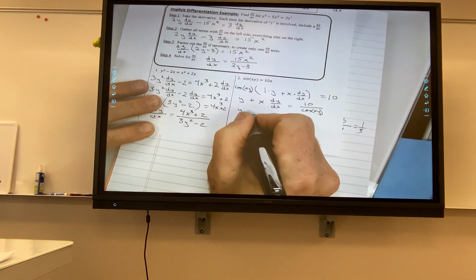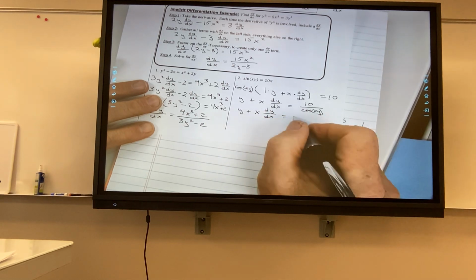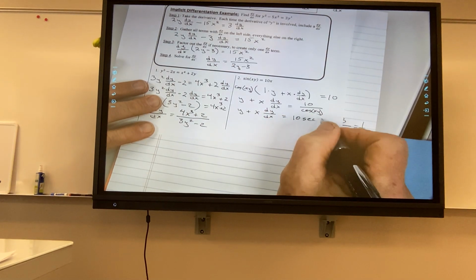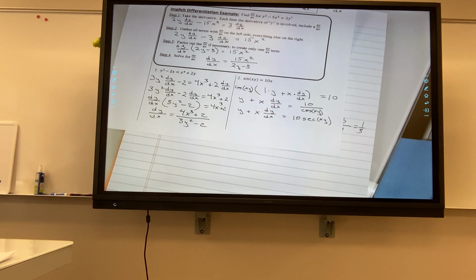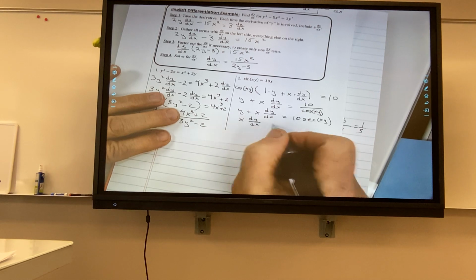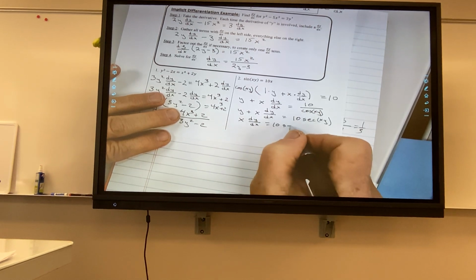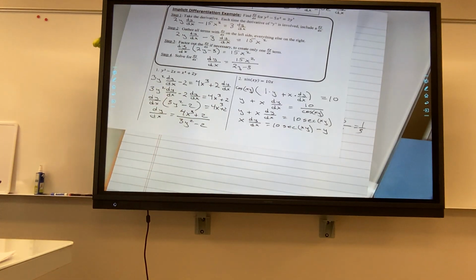And if I wanted to, I could write this as 10 secant of xy. It gets me rid of that fraction look. What would be my next step? Minus y. So I'm going to have 10 secant of that thing minus y. And then what's the last thing I'm going to do? Divide by x.